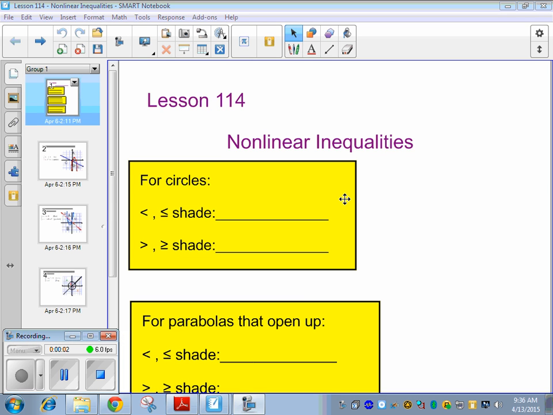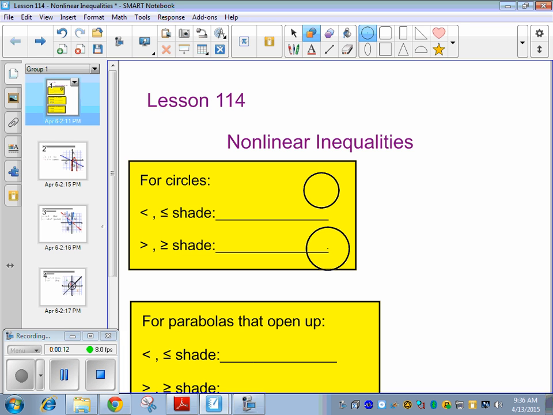Okay, so nonlinear inequalities. For circles, anytime you have a circle, if it is less than or equal to, you're going to shade inside the circle. Any less than or equal to means shade inside the circle.